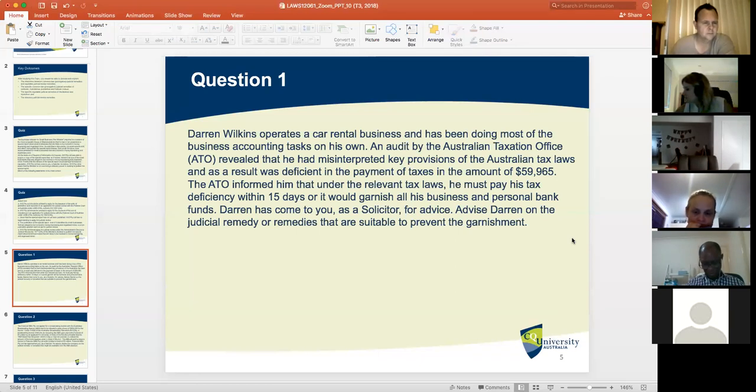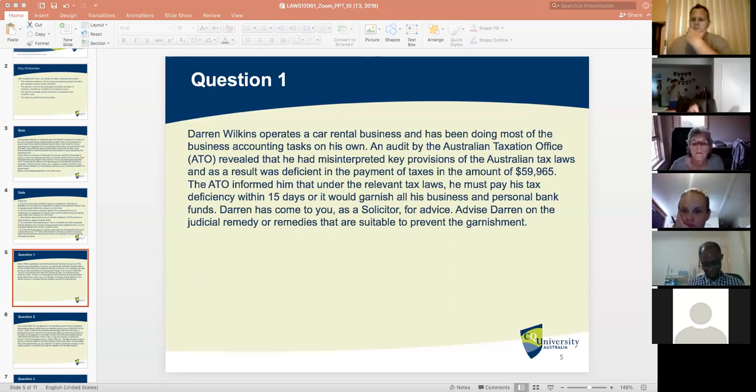The question is, what particular remedy are we looking at here? Michael, I think earlier was saying it's the writ of prohibition. Is that the only one we look at? I was going to suggest a couple of others as well. Initially, I was going to suggest also an injunction, like we said before, because he has a prima facie case. He will suffer injury, and there's a legal and equitable right.